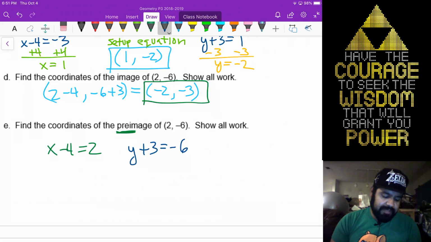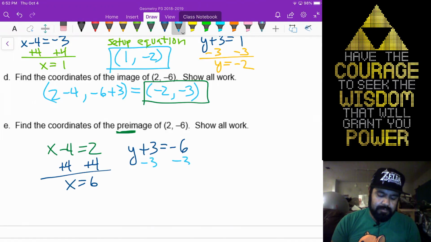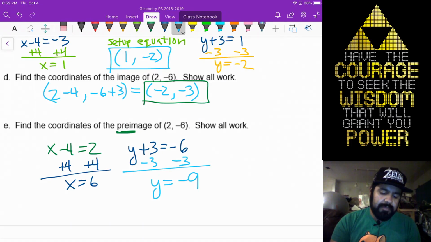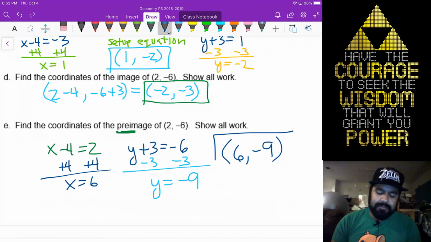And so now we just solve it. Again, ordered pair, we do not leave it like that. We write it as 6, comma, negative 9.